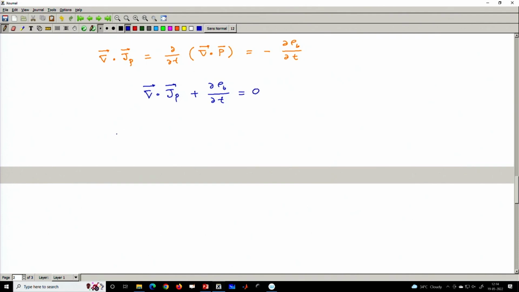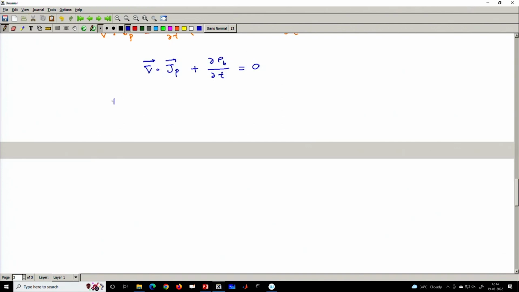So, the continuity equation is satisfied for the polarization current Jp.